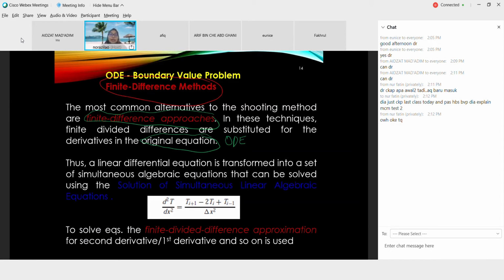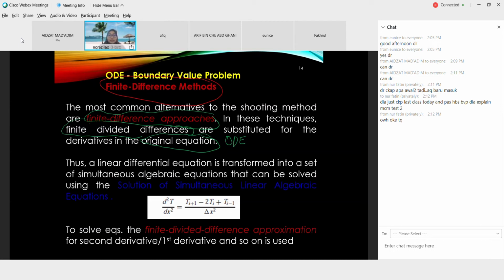You use finite divided differences, substitute them in the original equation. Thus, a linear differential equation is transformed into a set of simultaneous algebraic equations that can be solved using solution of simultaneous linear equations.